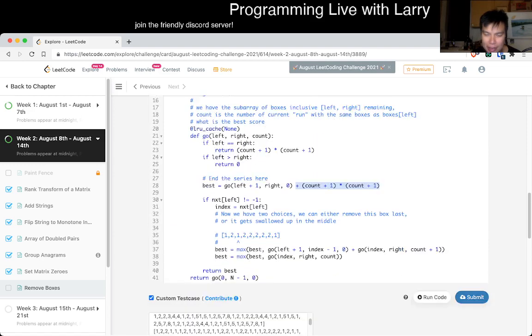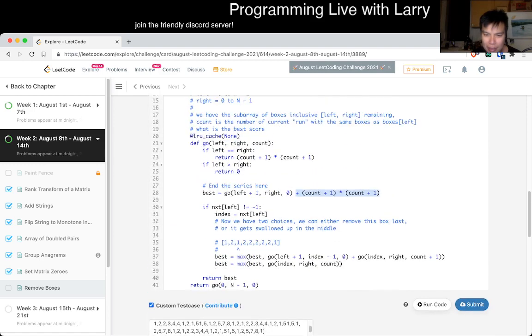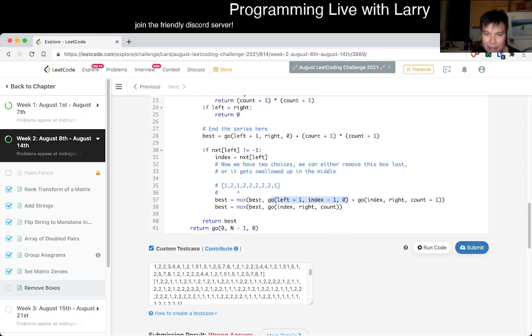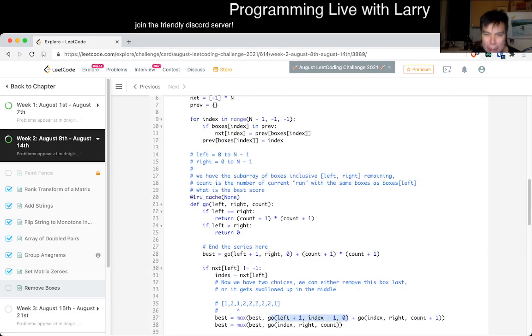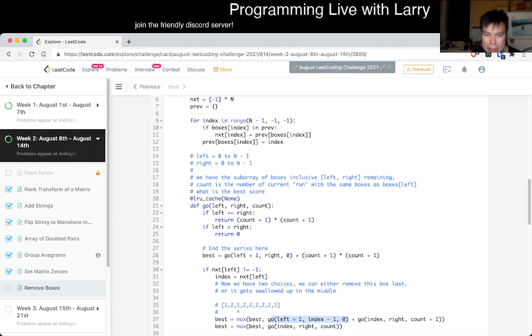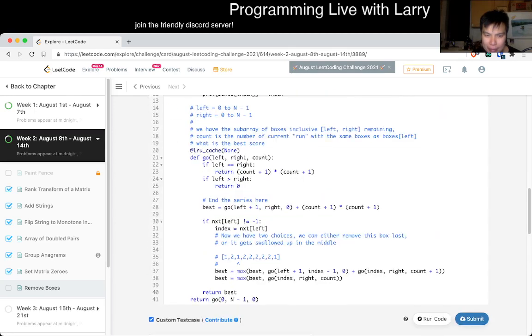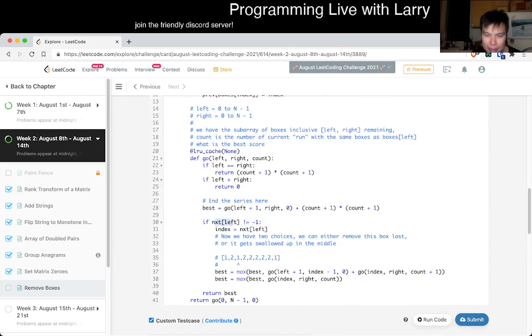End the series here. How does this even happen? Is this the -1 because -1 is something funky? Well, we had something that was right, but now it's not.